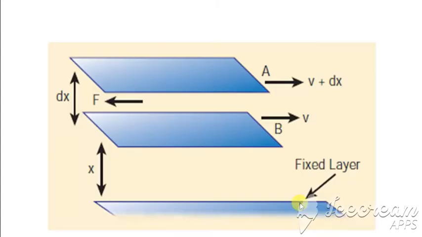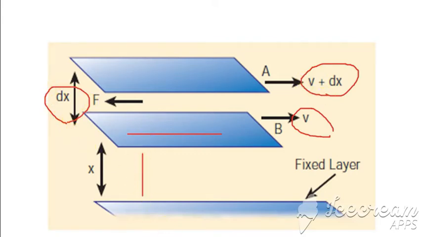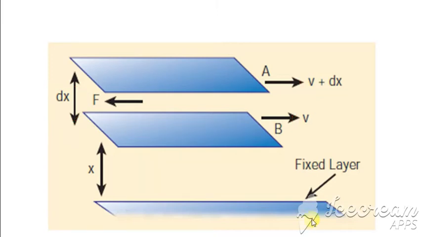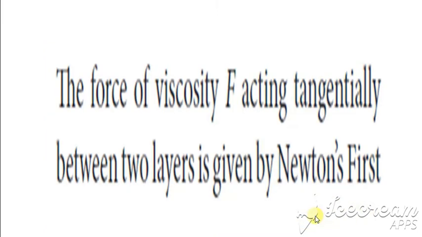This is layer A, with velocity v, and this is layer B, with velocity v plus dv. This is x and this is dx. Clear?